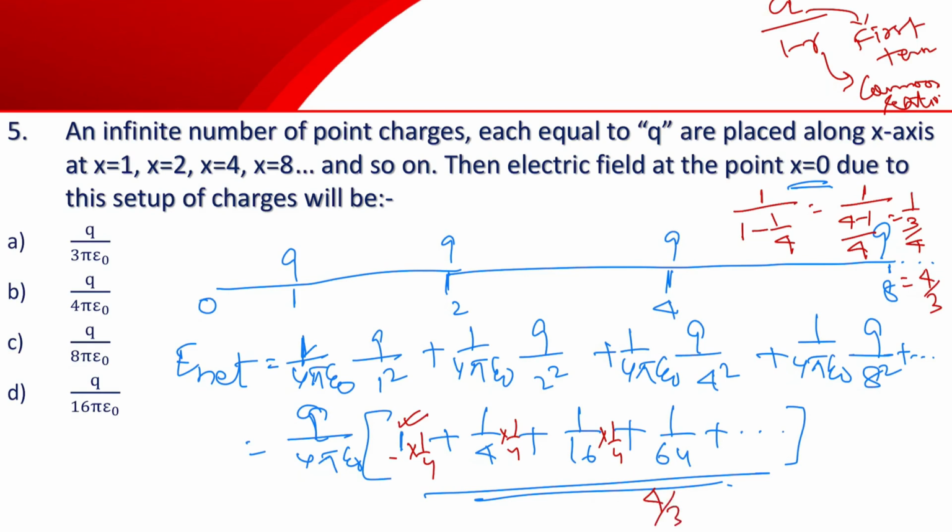So its value is 4 by 3. Now we can write Q by 4 pi epsilon naught into this whole value, 4 by 3. The 4 will get cancelled, so it will be Q by 3 pi epsilon naught. So the right answer is the first option.